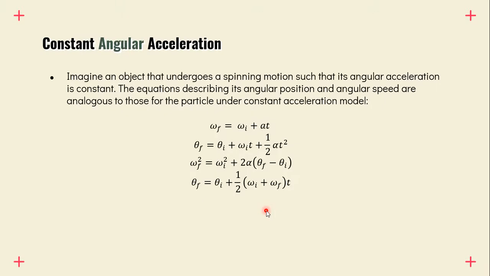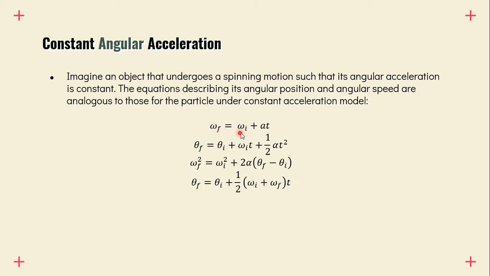Imagine an object that undergoes a spinning motion such that its angular acceleration is constant. The equations describing its angular position and angular speed are analogous to those for the particle under constant acceleration model. If you notice, this set of formulas is somewhat similar to those of constant acceleration in linear motion.